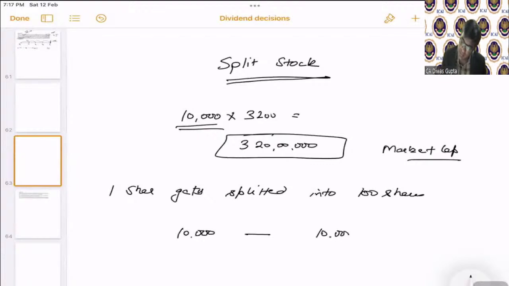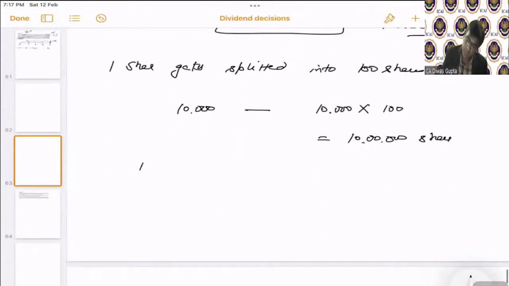That means instead of 10,000 shares, the company's revised count will be 10 lakh shares. And the price per share will now be 32 rupees instead of 3200.